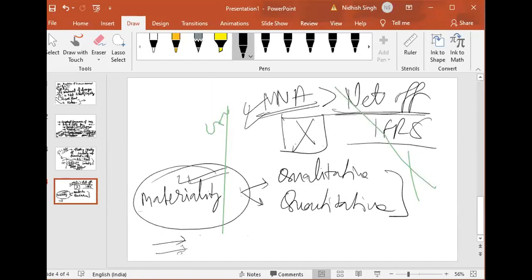So when it is about the qualitative, it is about the materiality of the information, it is not just on the basis of the number, right? Imagine a situation when an auditor visits a branch of the bank and finds out that though the revenue of the bank is say $1 billion, there was a fraud in the bank to the extent of say $5 only.